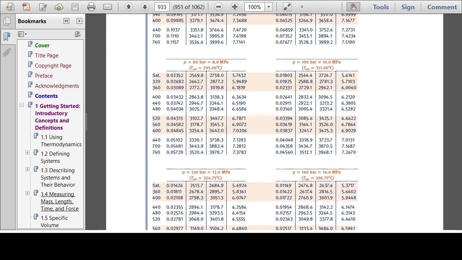At 10 megapascal, at 440 we have 0.02911, and at 10 megapascal at 480 we have 0.0316 specific volume.